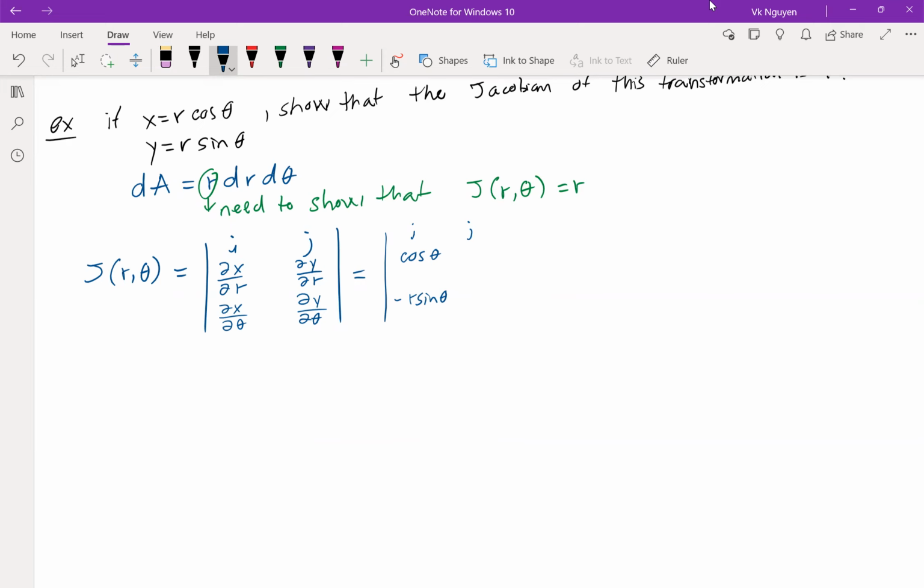Partial y with respect to r is sine theta. Partial y with respect to the angle theta is r cosine theta.